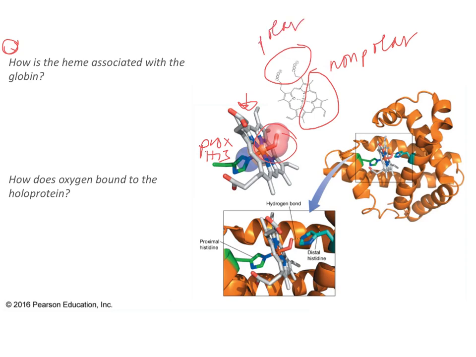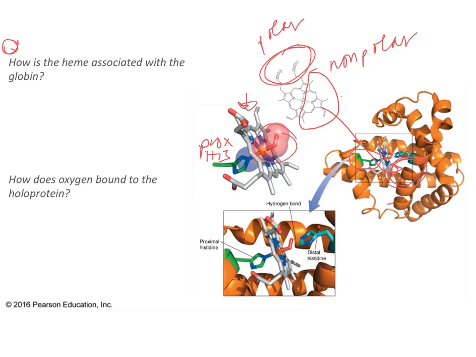So the nonpolar end slides in so that the nonpolar region of the heme interacts with the hydrophobic core of the protein, and this polar region is sticking out and interacts with water. This also lines up the iron to interact with the proximal histidine through a coordinate covalent site.